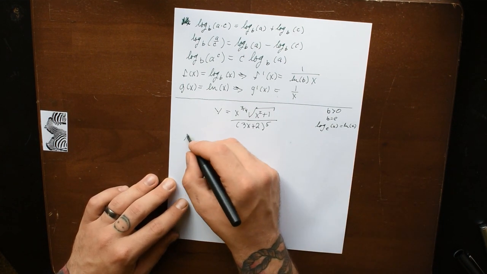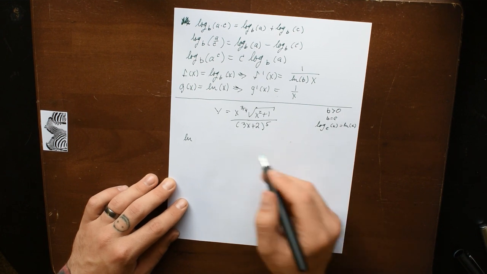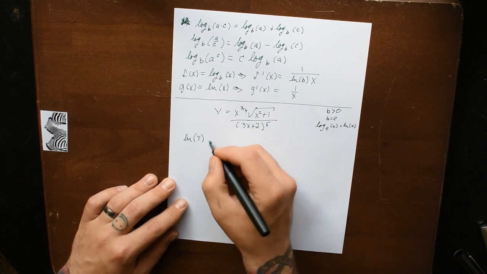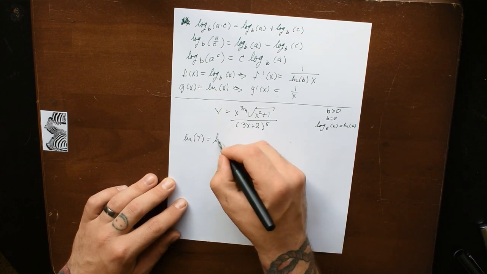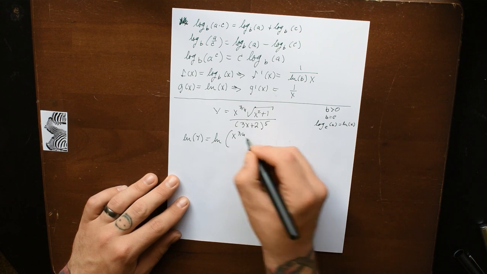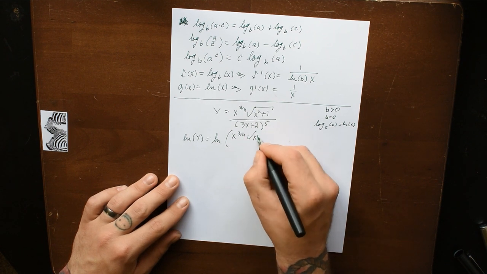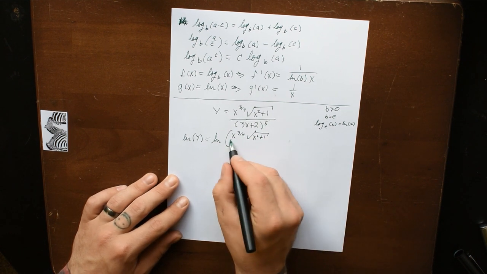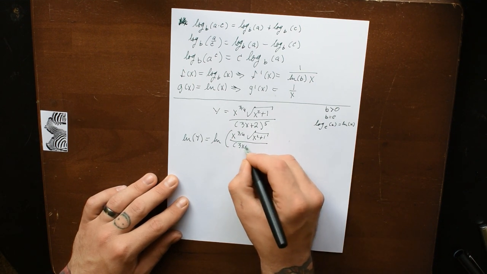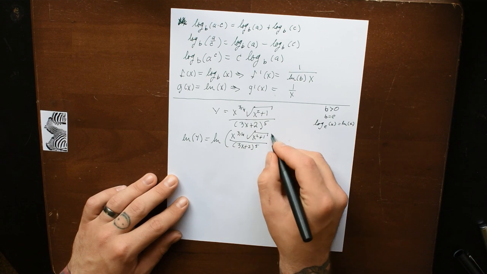What that means is, I'm going to take the natural log of both sides. So I get the natural log of y is equal to the natural log of this thing, x to the 3/4 times the square root of x squared plus 1 divided by 3x plus 2 to the 5th.